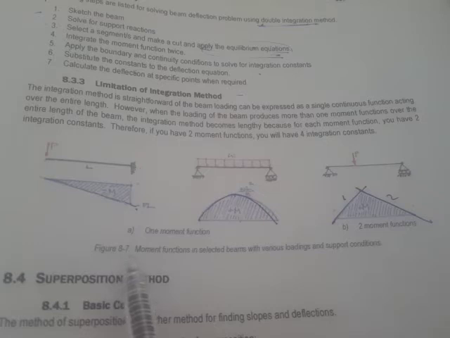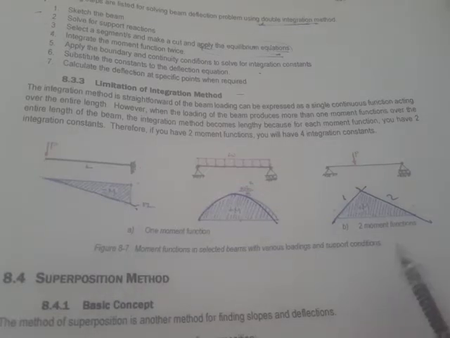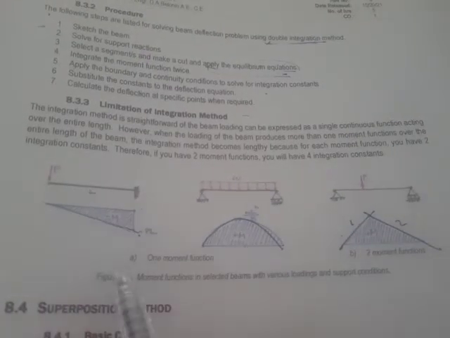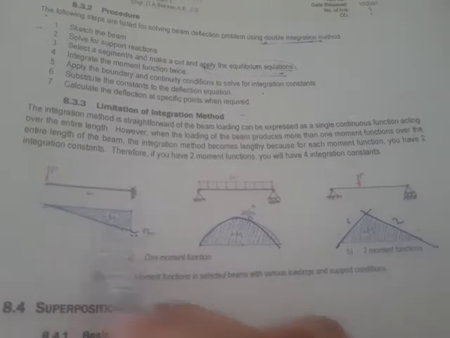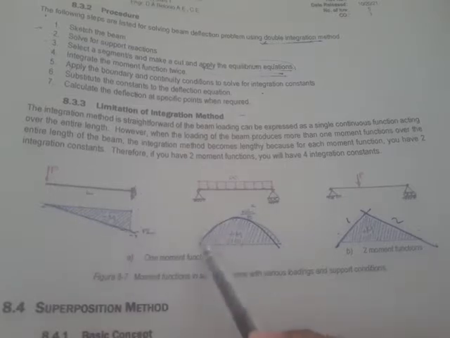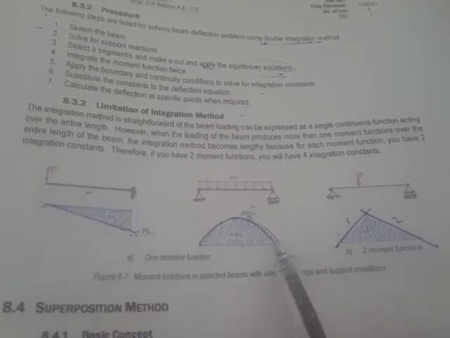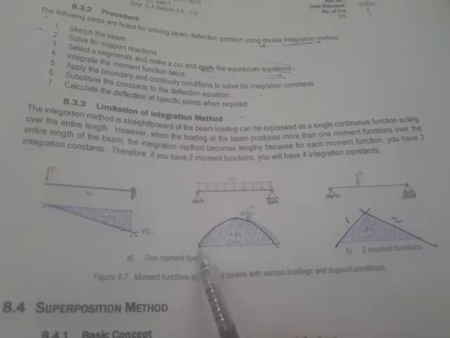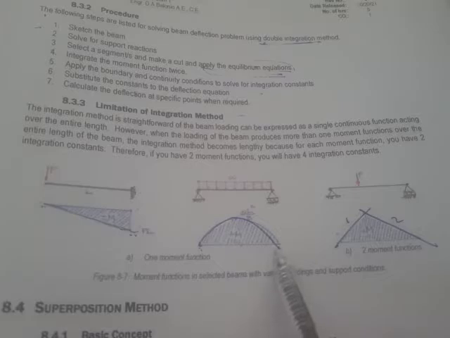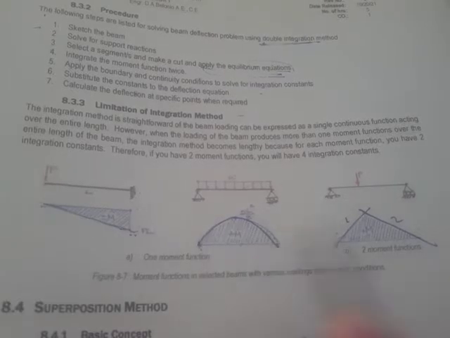Here again I'm showing you Figure 8-7 in our lecture handouts. When I say moment function, along the beam length there is only one function of the moment. Here we have a linear function, and here a quadratic function of the moment. From x equals 0 to x equals L, we have one moment function.